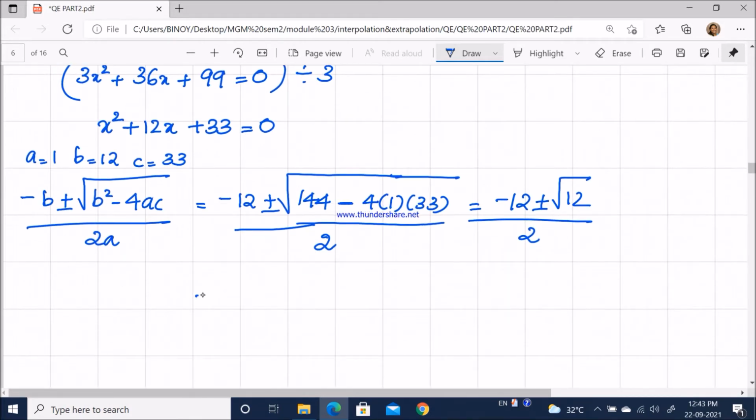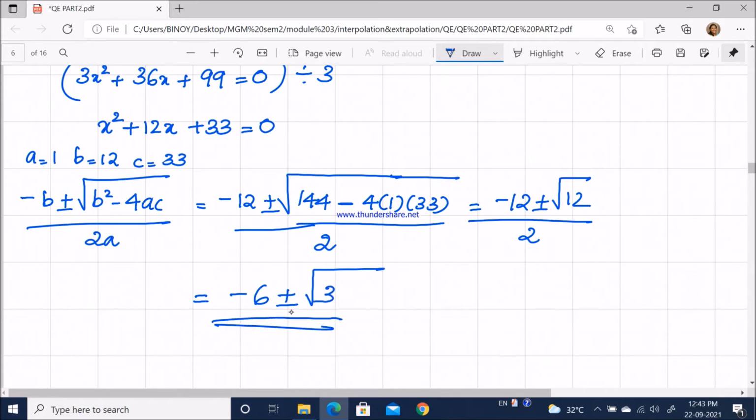When you cut short, we get minus 6 plus or minus root 3. So minus 6 plus or minus root 3 is the answer. The value of x can be either minus 6 plus root 3 or x is equal to minus 6 minus root 3.